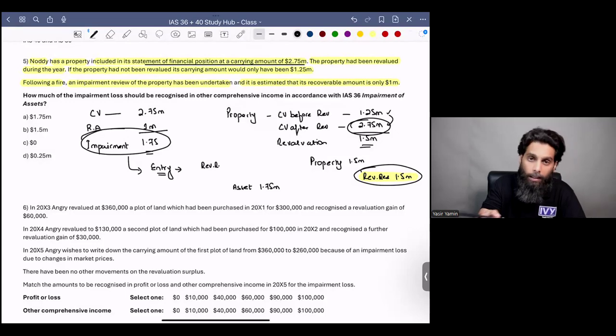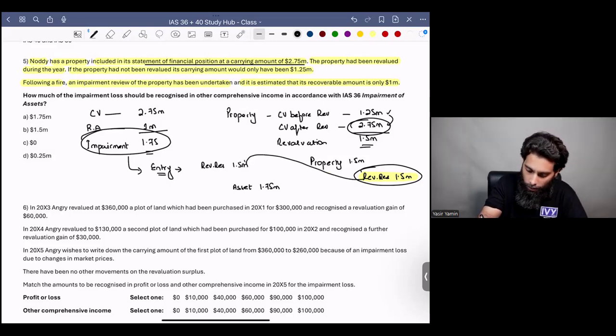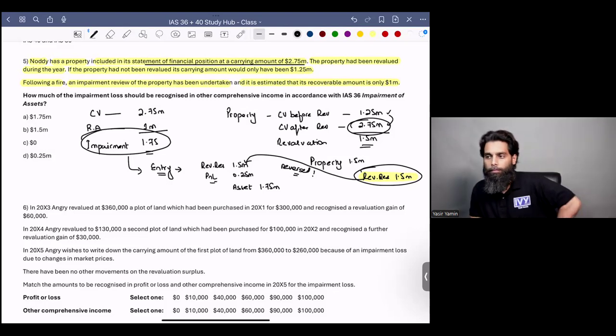This is kind of a devaluation on property, right? So 1.5 million revaluation reserve will be reversed. This is a reversal, right? And then the balance goes into P&L as per normal principles. Agreed, everyone? Is it clear to everyone?